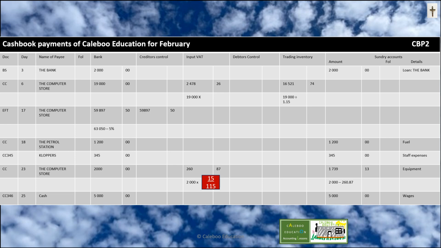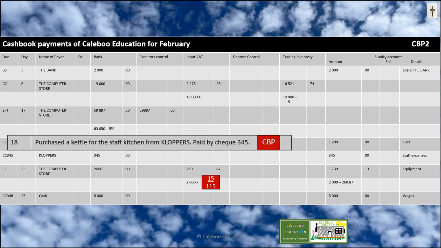Also on the 18th, another transaction took place, and once again, this is a little test of how well you know where you can claim and where you can't for VAT. So purchased a kettle for the staff kitchen from Kloppers, paid by check, 345.